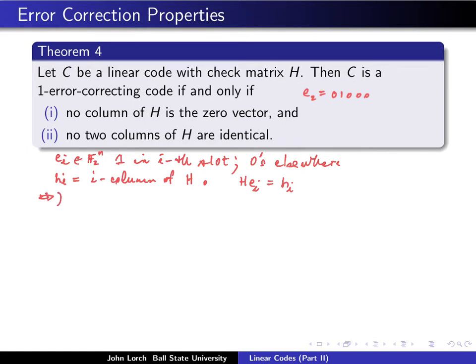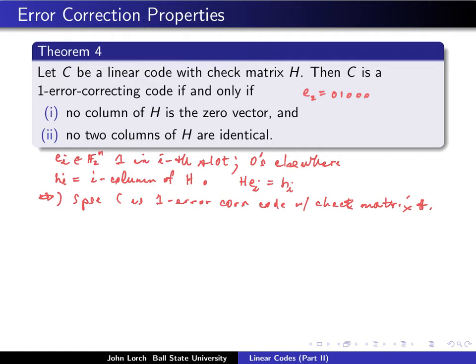And we're going to prove this by contradiction. So we suppose that C is an error-correcting code, so it's a one error correcting code, with a check matrix H. All right.